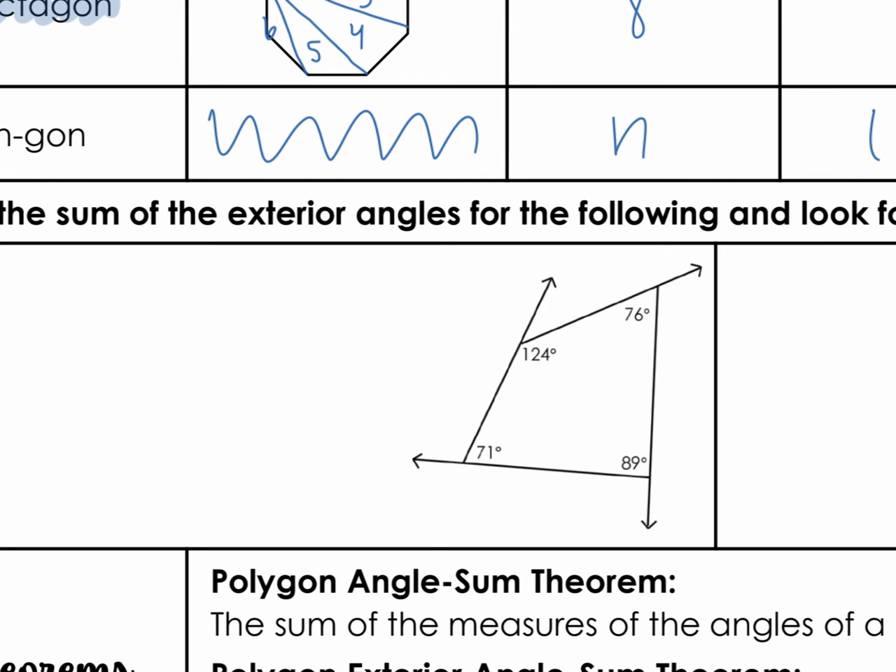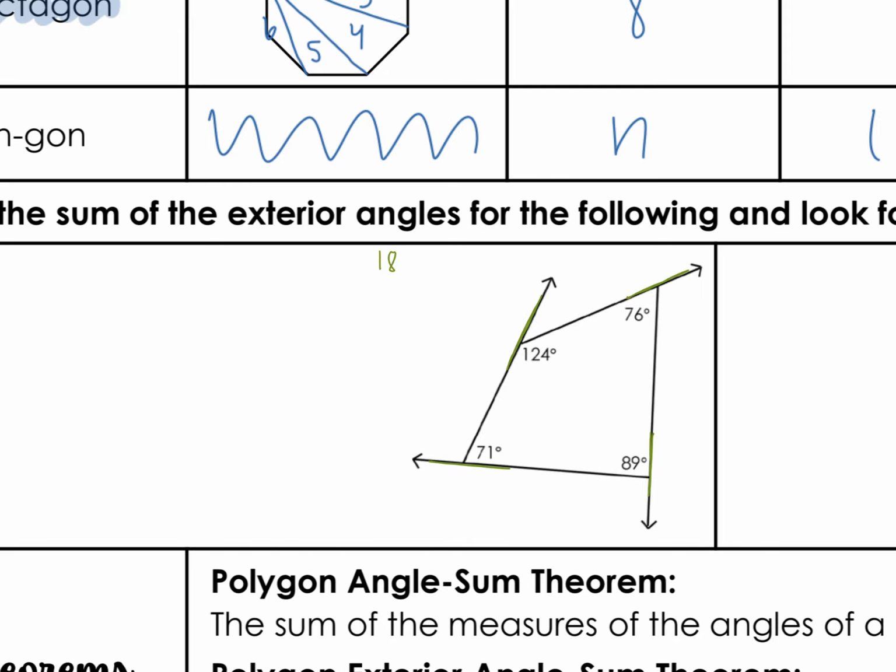Something that's going to help me is that these exterior angles are going to be a linear pair with that interior angle. So that just means that they're forming 180 degree angles. And so we can subtract the angle we know, and that will leave us with the exterior angle we're missing.